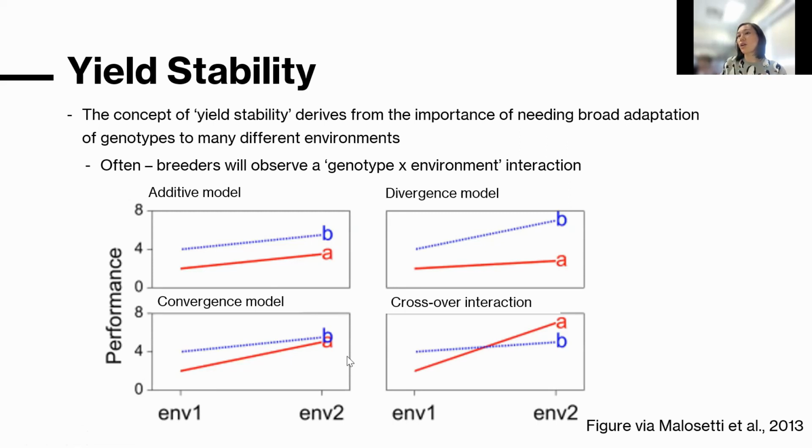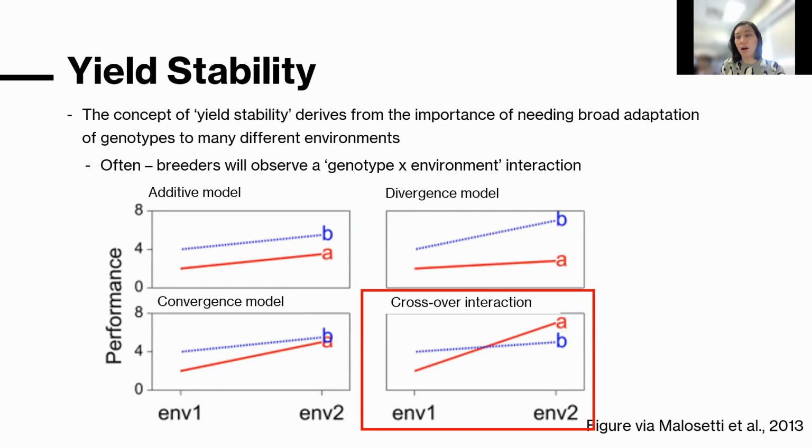And so we've got these different models, which is fine, but the one that breeders are most interested in is this crossover interaction. This is important because if you didn't have a crossover interaction, then a breeder would just have 6 different genotypes, test them, and whatever was the best overall, we know that genotype should be grown everywhere.